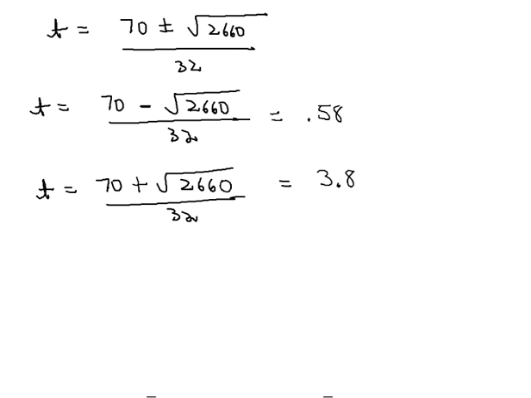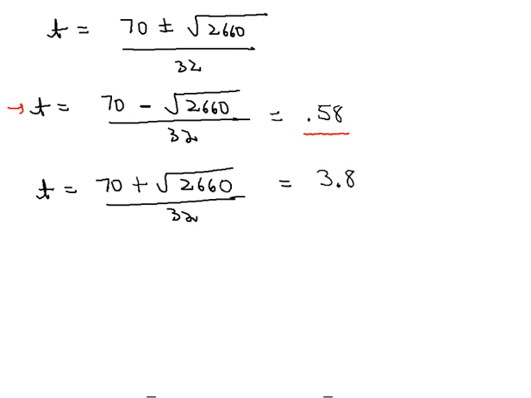Now, if we write the two separate expressions for t that we got from the quadratic formula, the first one will be t equals 70 minus the square root of 2,660, all divided by 32. And a decimal approximation for that will be 0.58.